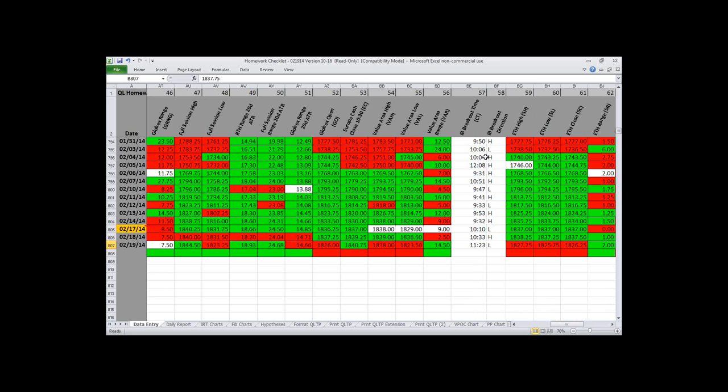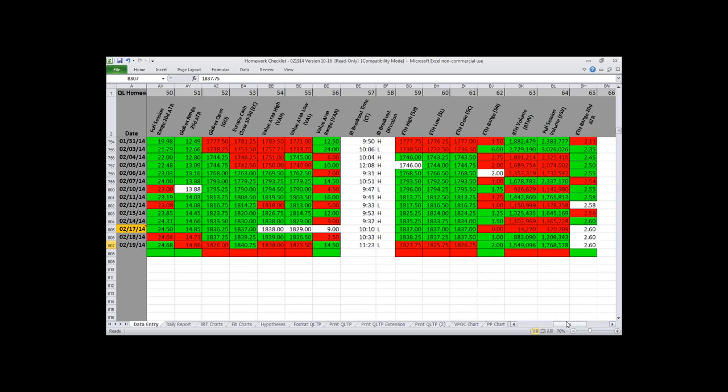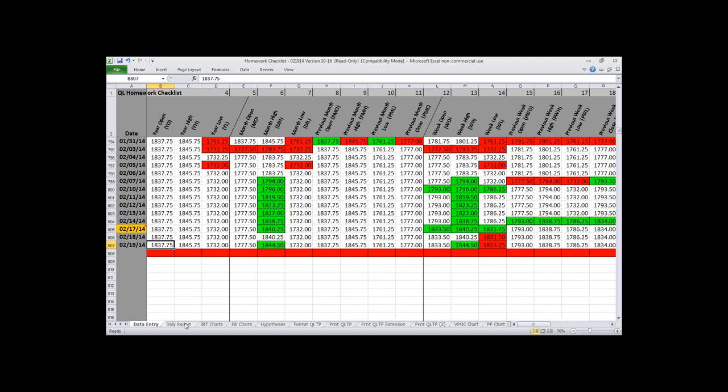You can see that we're breaking these IBs late in the day because we're battling between having a positive year and a negative year with that 1837.75 so close. ETH session was all lower, and then you can see we had a little bit larger than normal volume, but that volume really came in late in the day. Let's go over to the daily report.